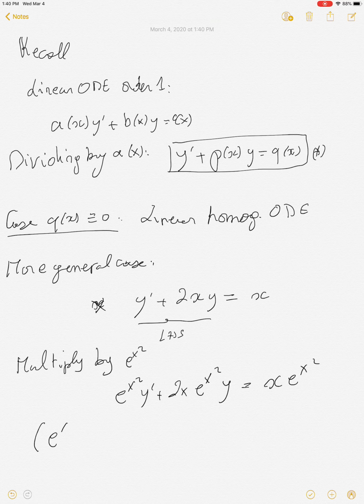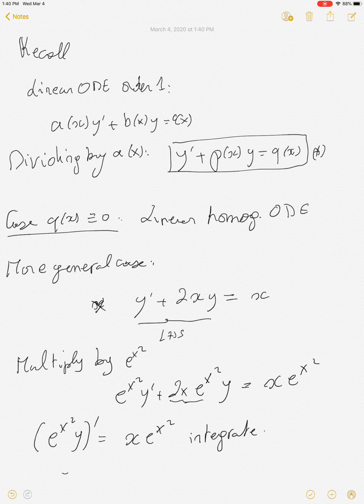So this becomes the derivative of e to the x squared y, because if you differentiate this product using the product rule, you get e to the x squared y prime plus the derivative of e to the x squared, which is 2x e to the x squared, times y. And this is equal to x e to the x squared. Now we go back to the antiderivative method and integrate.